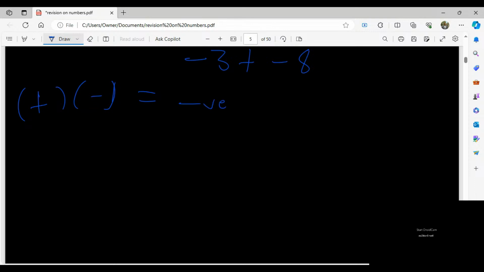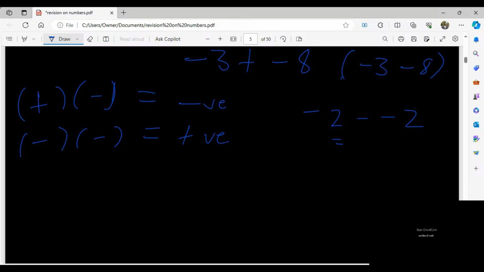For example, if we have a problem like this, it is the same as saying -3 -8. All right. If you have minus and minus following each other, it means that the overall result is positive. Let's say, for example, you had minus 2 minus minus 2.